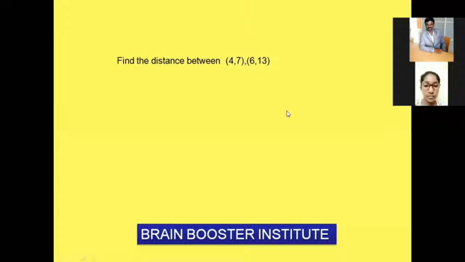Find the distance between (4, 7) and (6, 13). With the same formula we need to find it. Let's see the formula.